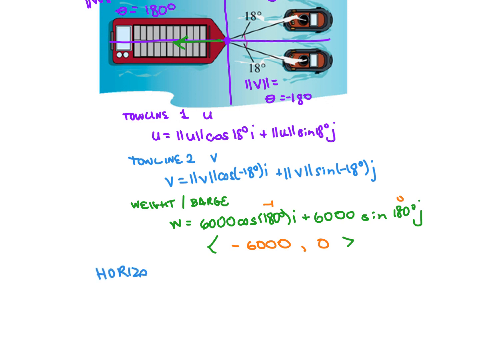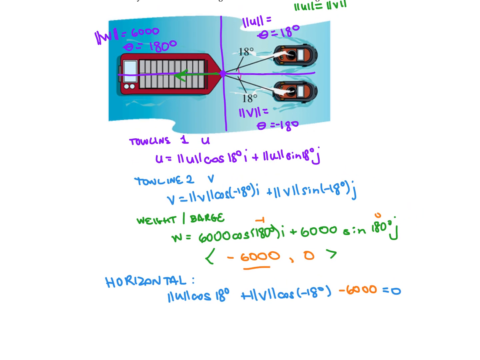So the horizontal equation is the magnitude of u cosine of 18 degrees plus the magnitude of v cosine of negative 18 degrees, and then our last one is negative 6,000, and we'll set it equal to 0. We're just pausing this in one moment in time, and so we have vector u plus vector v plus vector w equals 0.